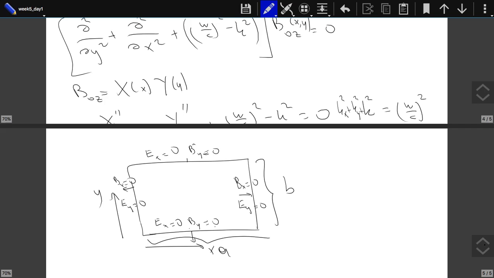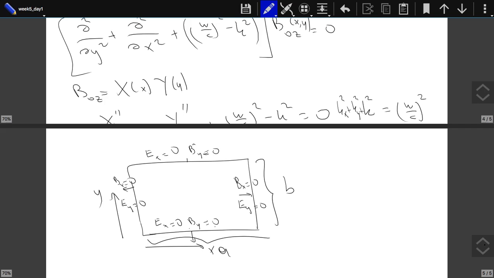Now, the parallel component of the electric field should be continuous, and since just inside the conductor it is 0, it should be 0 on the boundary. So Ex should be 0. The perpendicular component of B should be also continuous, or 0 on the surface. So By is 0. Now, Ex and By, they are proportional to each other anyway. So if one is satisfied, the other one is automatically satisfied.